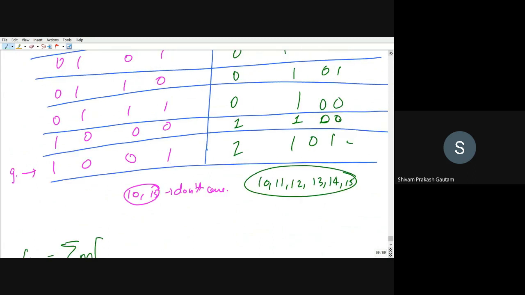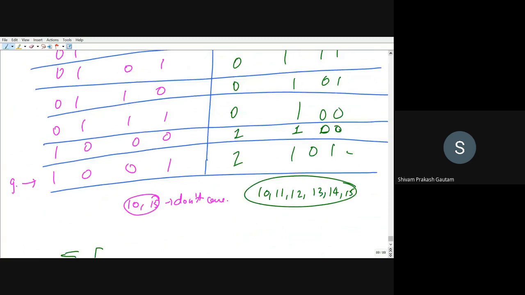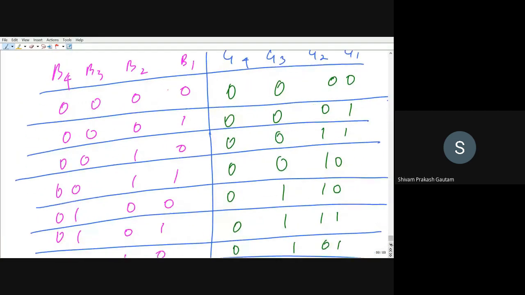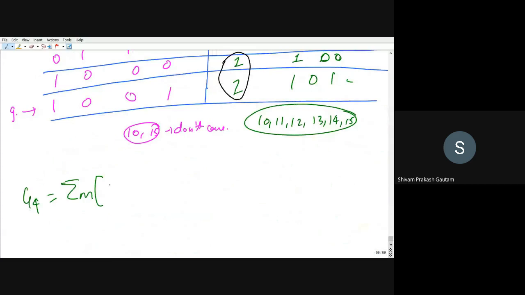Just see where G4 is 1. See where G4 is 1: 8 and 9, and nowhere else. So G4 is 1 only at 8 and 9, plus don't care of 10, 11, 12, 13, 14, and 15.